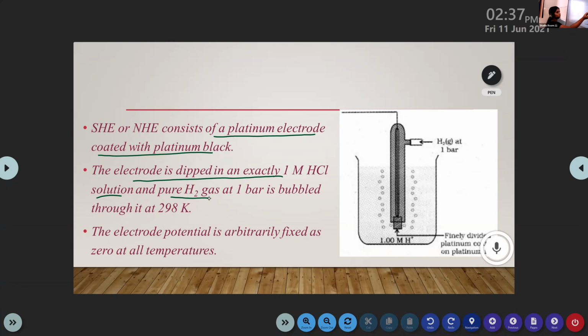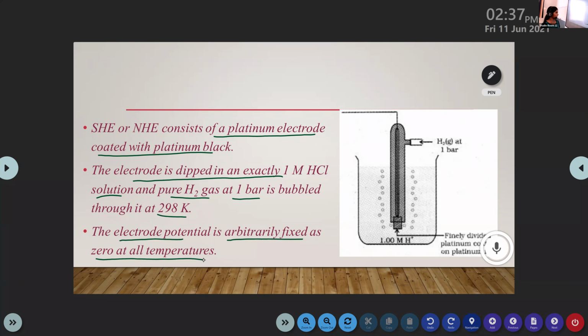The pure H2 gas is bubbled through it at 1 bar, the pressure is maintained as 1 bar, at 298 Kelvin, the temperature is fixed as 298 Kelvin. And the electrode potential is arbitrarily fixed as 0 at all temperatures. So that's about the standard hydrogen electrode.